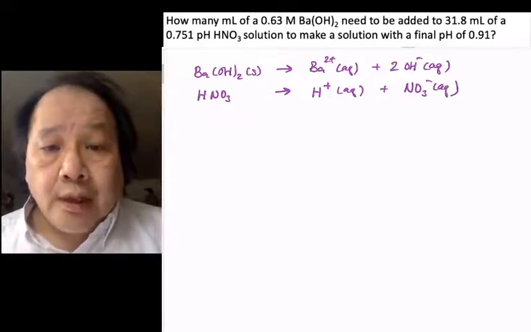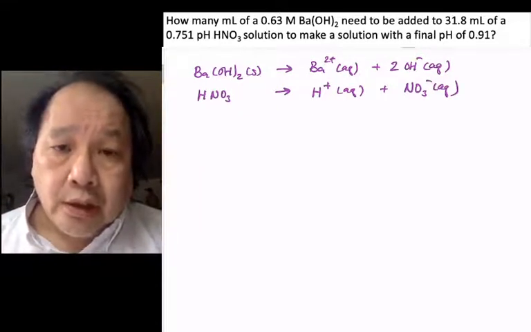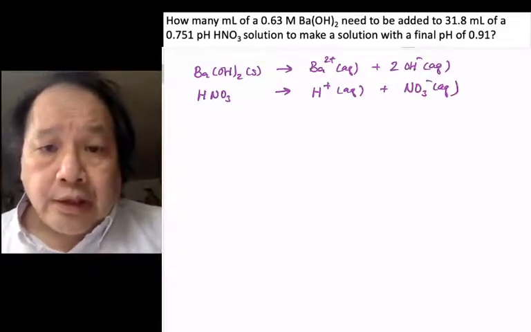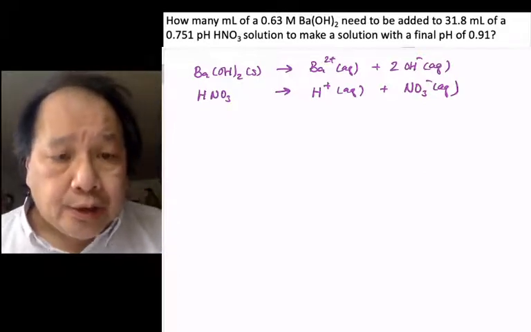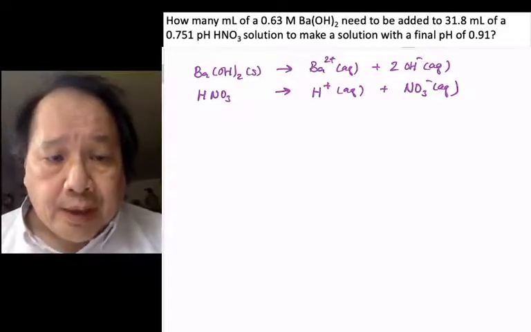Okay, now this is a harder problem than you will see in high school most probably, and the complication is: is this actually a titration? In titration, you have exactly the same amount of acid and base.